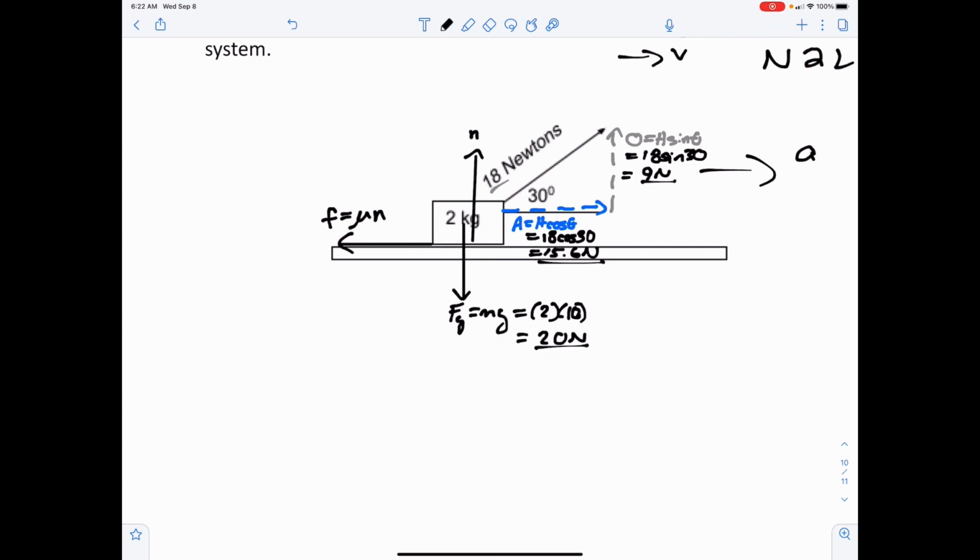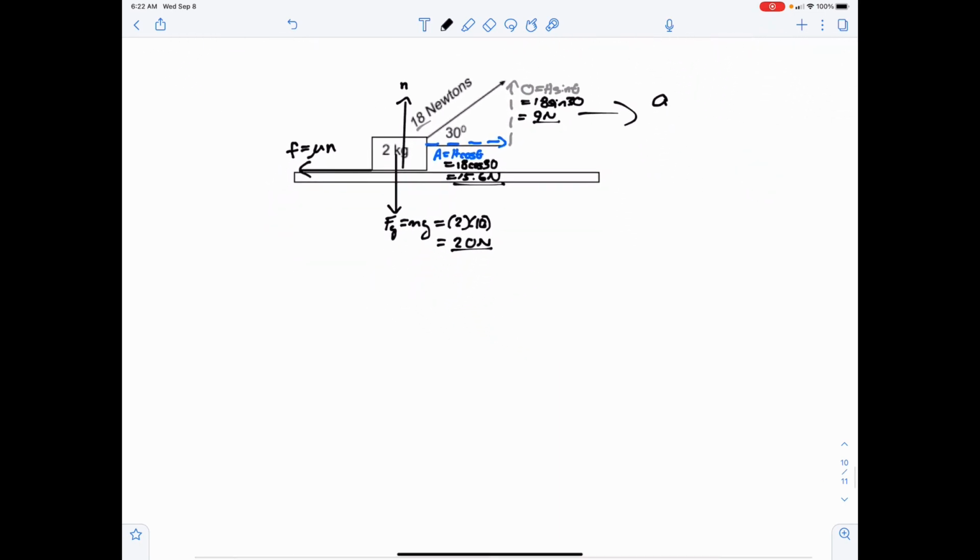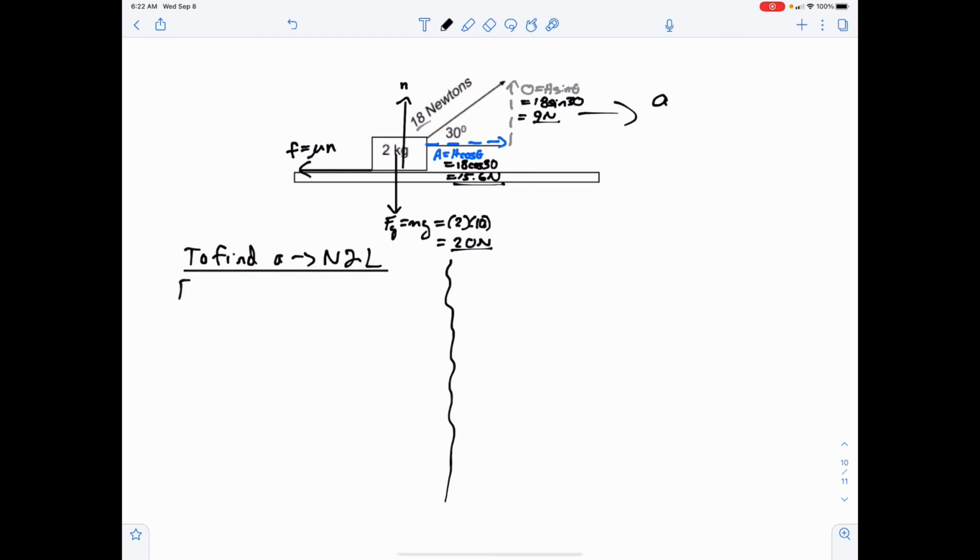Now, in order to find acceleration, we're going to use Newton's second law, which, if you remember, was net force equals ma. That was the equation.